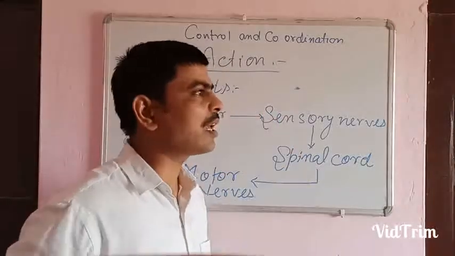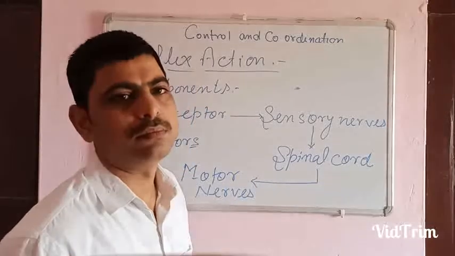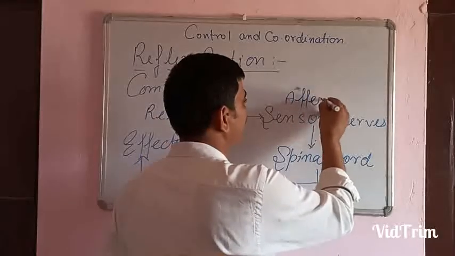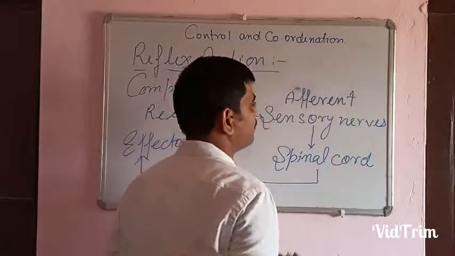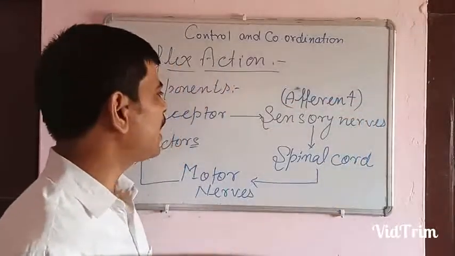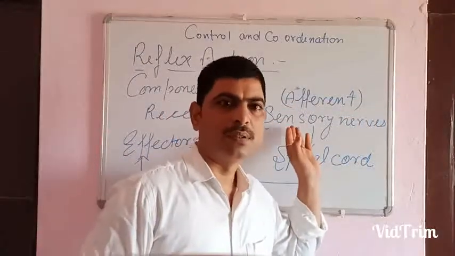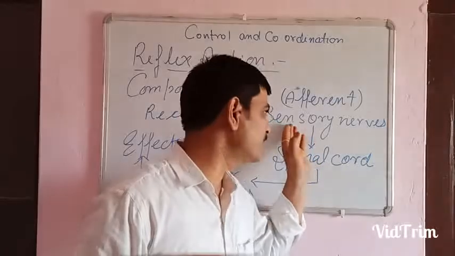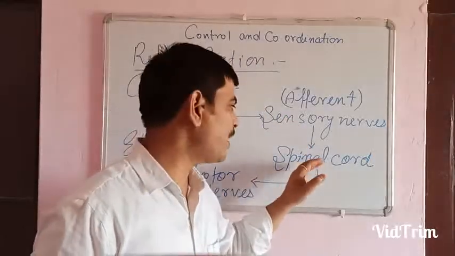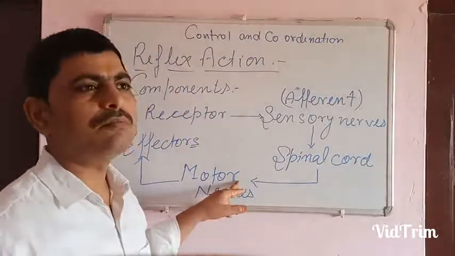These sensory neurons are also called afferent, means those which bring. A-F-F-E-R-E-N-T, afferent nerves. So these afferent nerves or sensory nerves carry the information in the form of electrical impulses, and they give it to the spinal cord. The spinal cord just conveys the information to motor neurons.